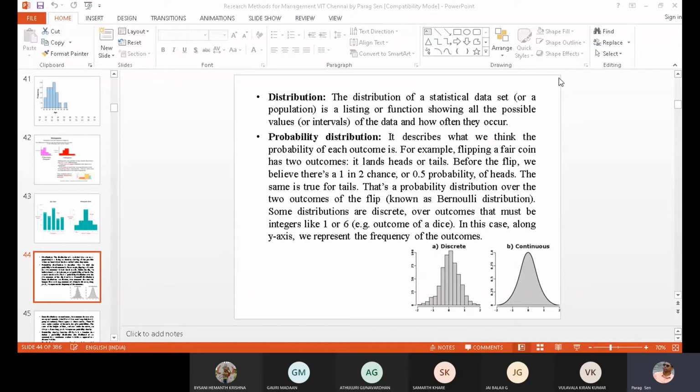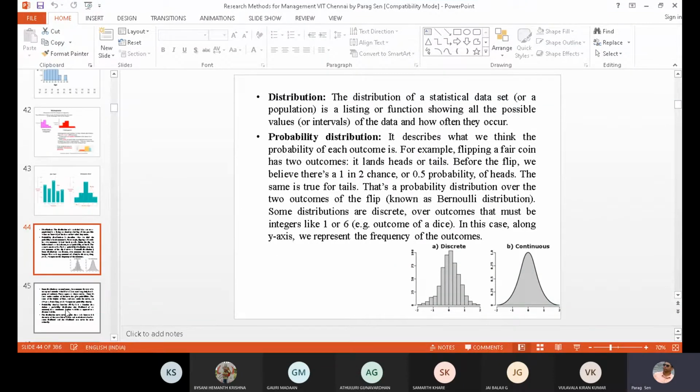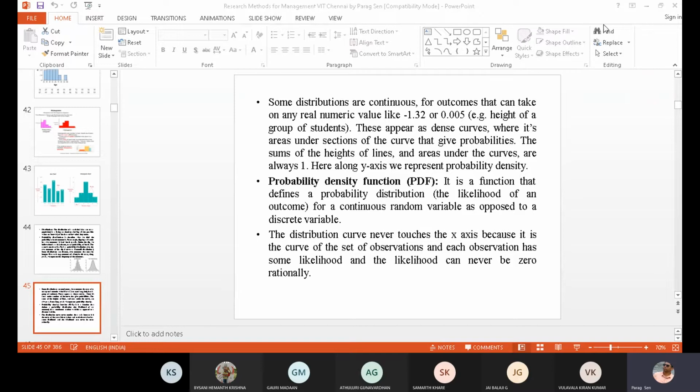Some distributions are discrete, over outcomes that must be integers like 1 or 6. Suppose, for example, the outcome of a dice. In this case, along the y-axis, we represent the frequency of the outcomes. You can see that this is the discrete distribution and the continuous distribution. Some distributions are continuous, for outcomes that can take on any real numeric value, like the height of a group of students.